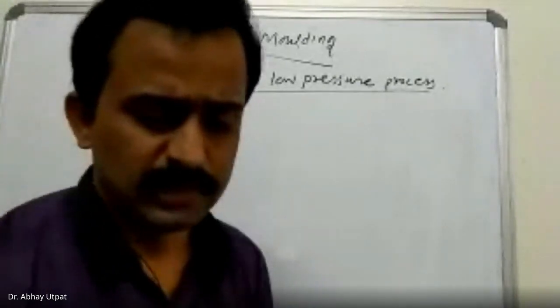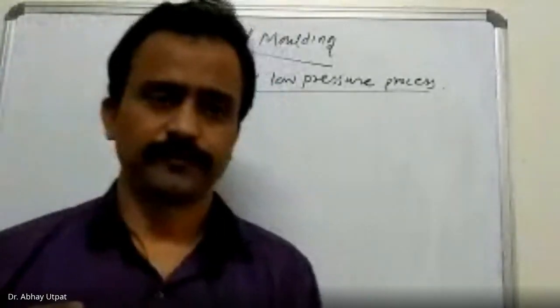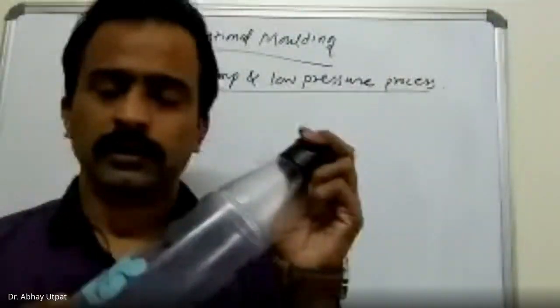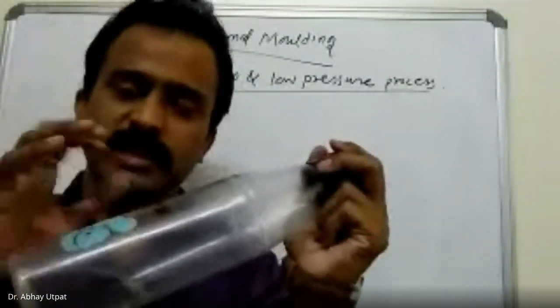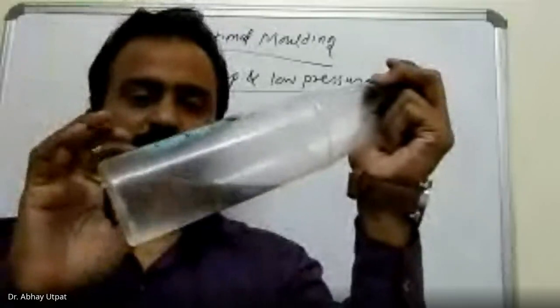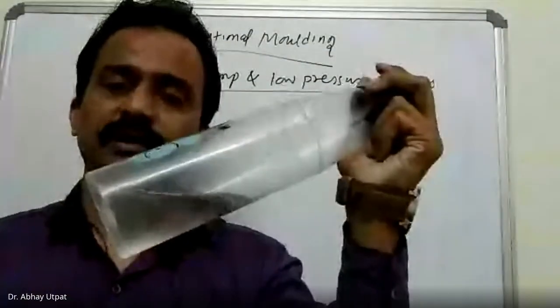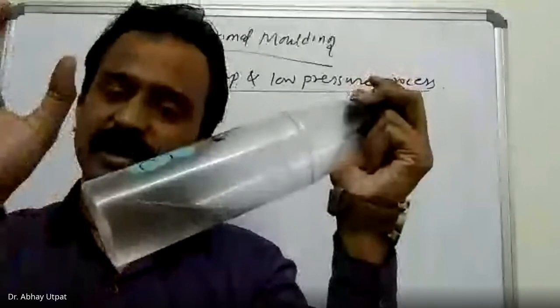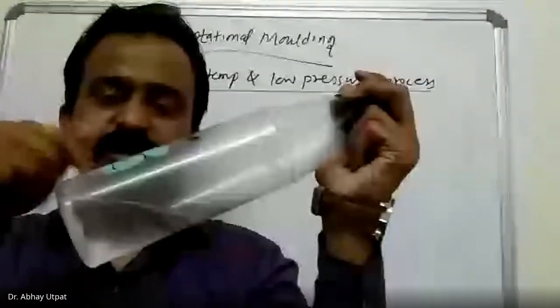What will happen? Suppose I take this bottle and assume that this is a mold. Inside this mold you are observing a little water; assume that it is solid plastic particles or granules. In the way it is lying, the same way it will lie.